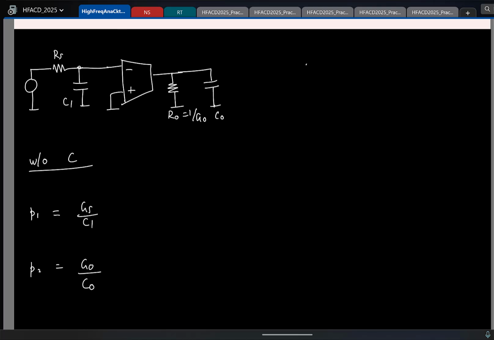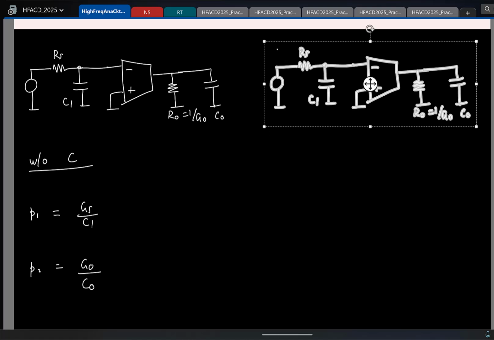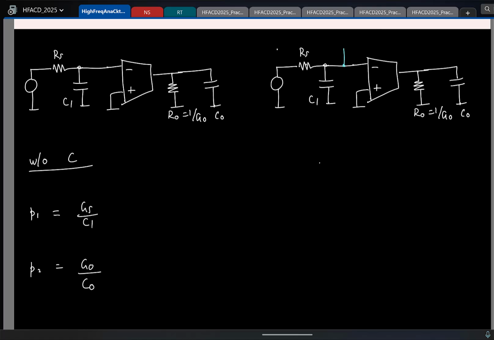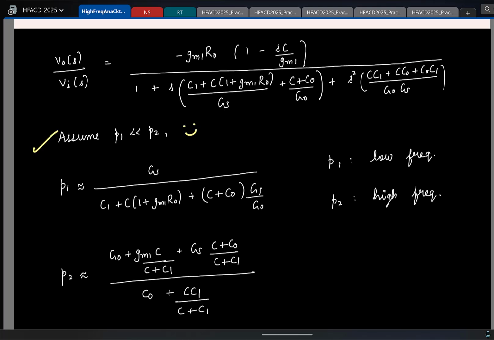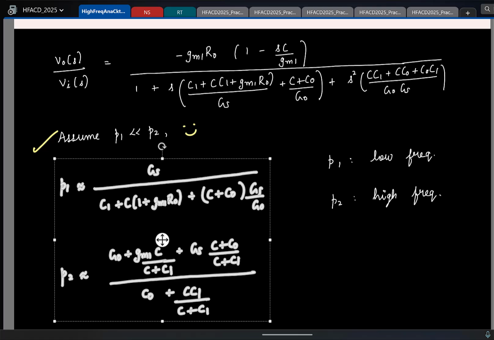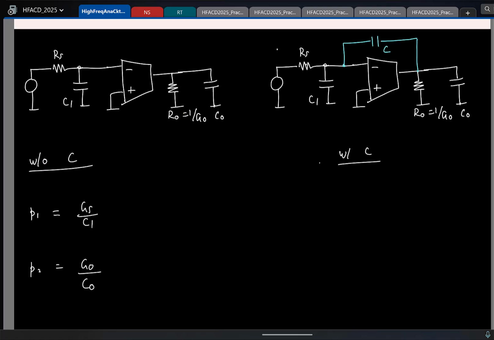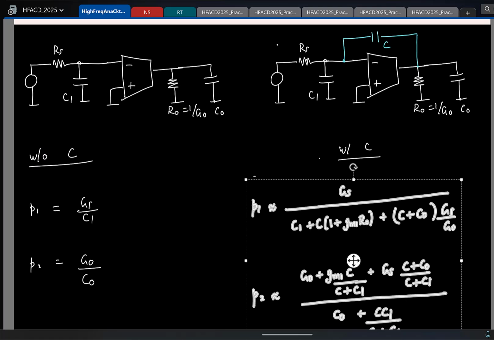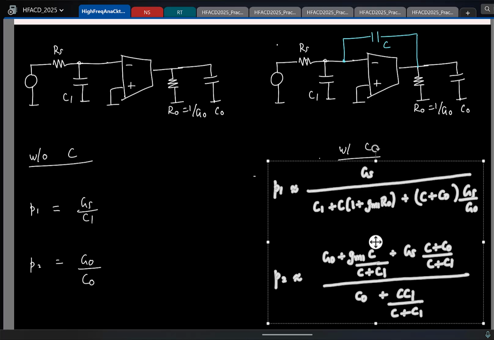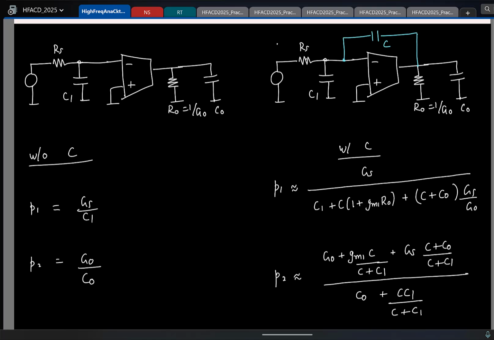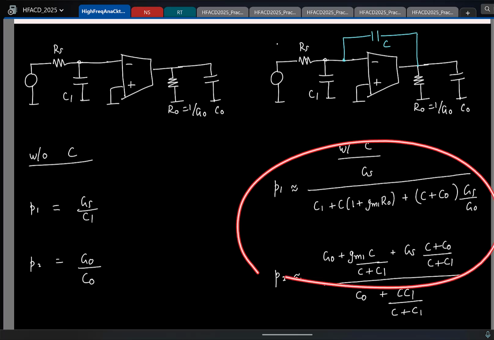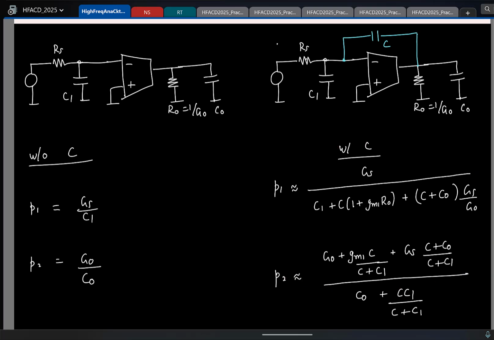So now to make life challenging, I considered the coupling capacitor C. So with C, I'll just copy the pole equations I got. Okay. So now our goal is to become smart and see why these equations make sense. Right? Because no point in remembering these things unless we get some physical intuition of why these make sense.